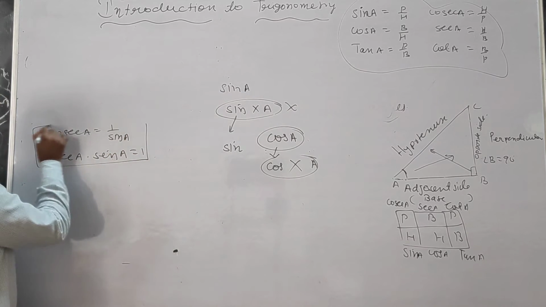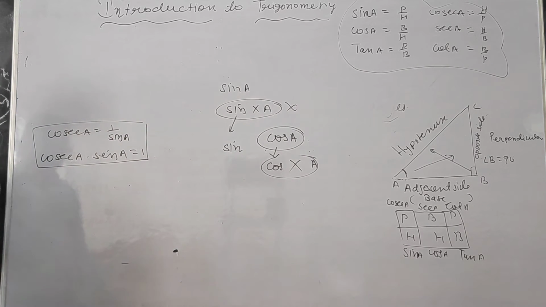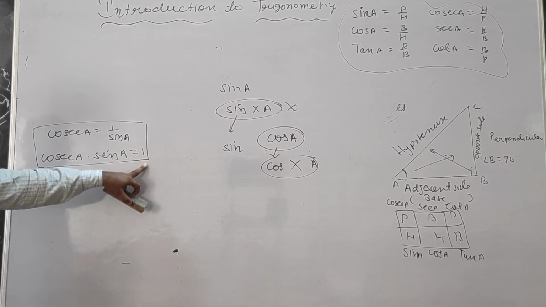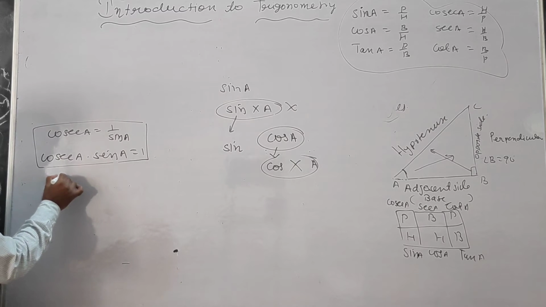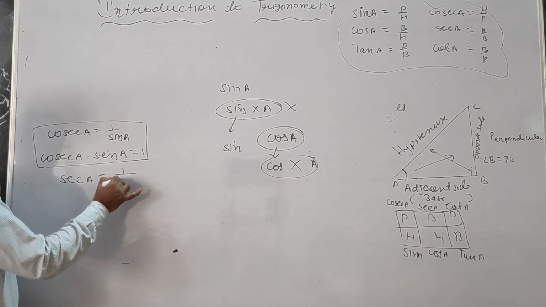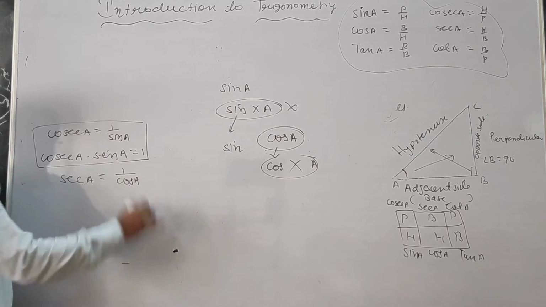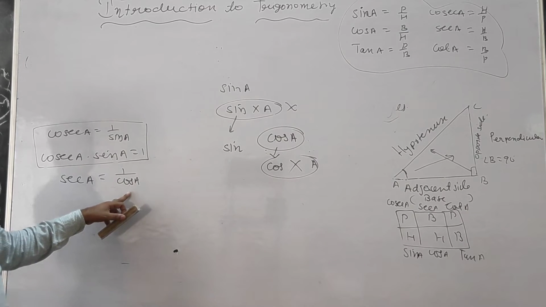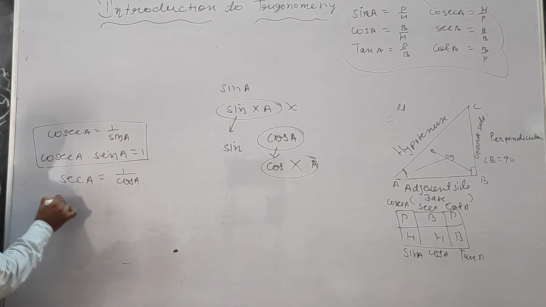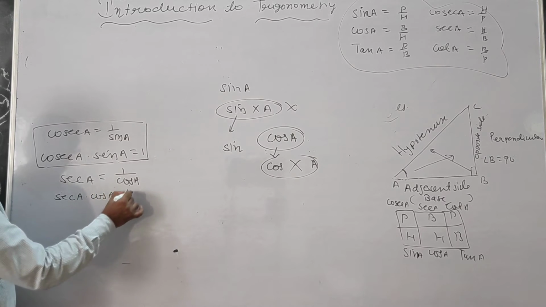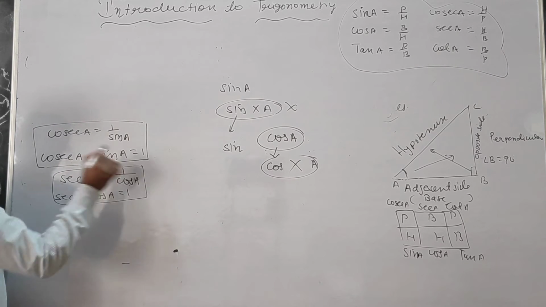This is a very important identity or formula: cosec A into sine A is always equal to 1. Similarly, sec A is the reciprocal of cos A, so sec A is equal to 1 upon cos A. So we get sec A into cos A equal to 1. This is the second.